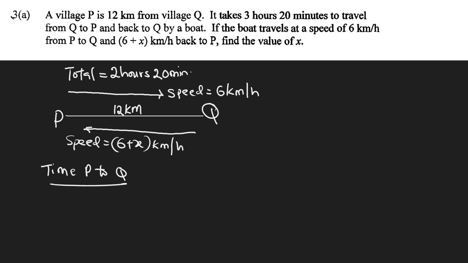We're going to say what is time? Of course, we use this formula. Speed is equal to distance over time. So with this, we can make time the subject of the formula by saying cross multiply, you have speed times time, right?